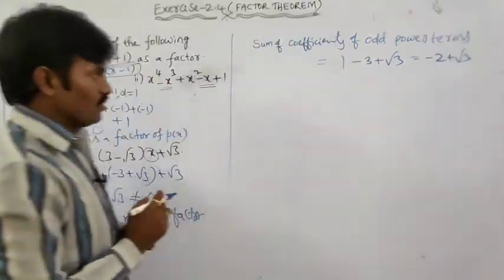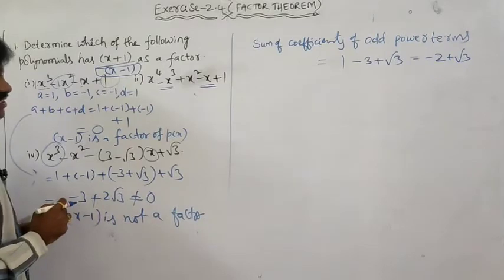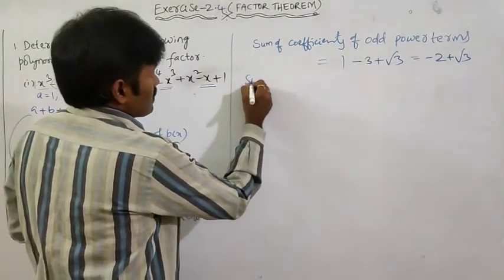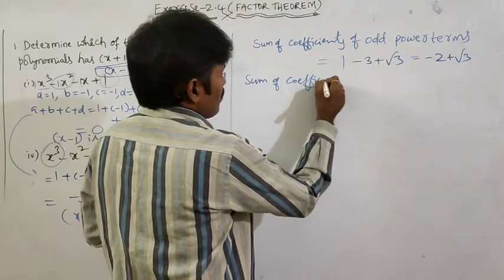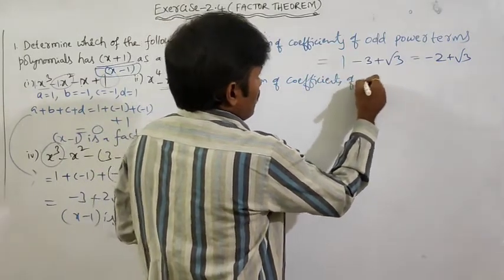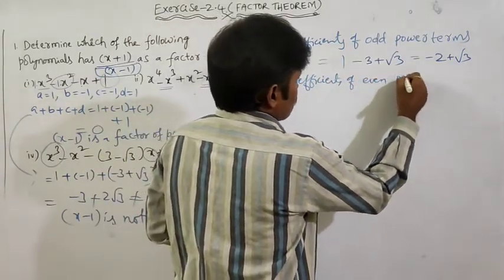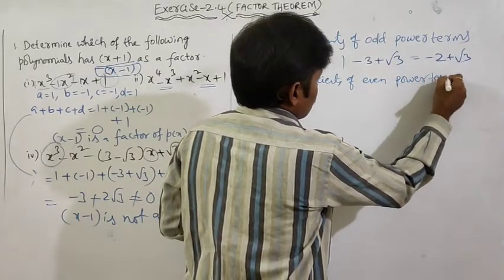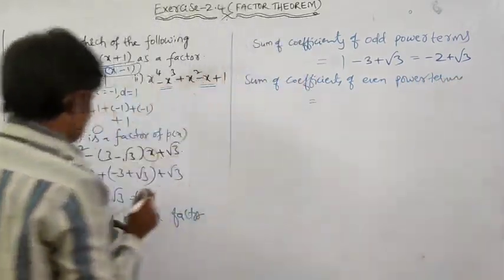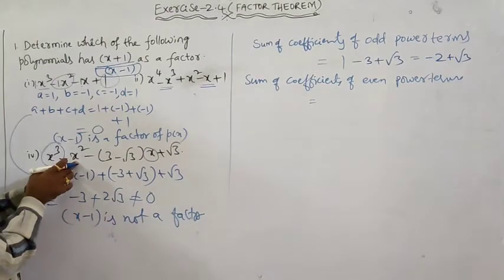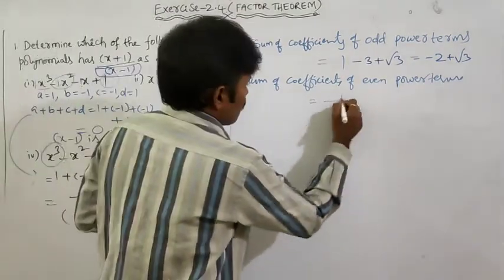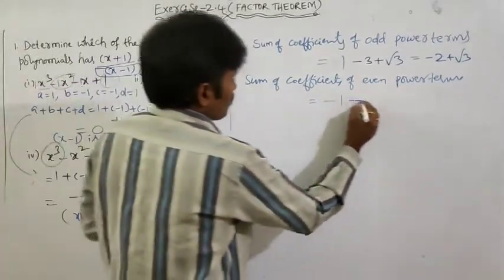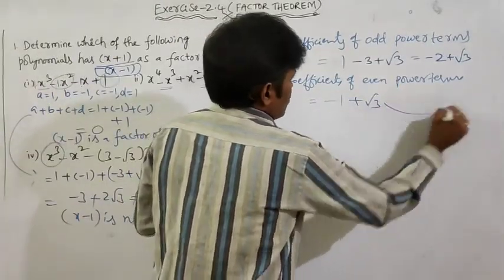Is it clear? Okay. Now we have to find the sum of the coefficients of even power terms. What are the even power terms? x square and constant. Here the x square coefficient is minus 1, plus the constant is root 3. Are these two sums equal?